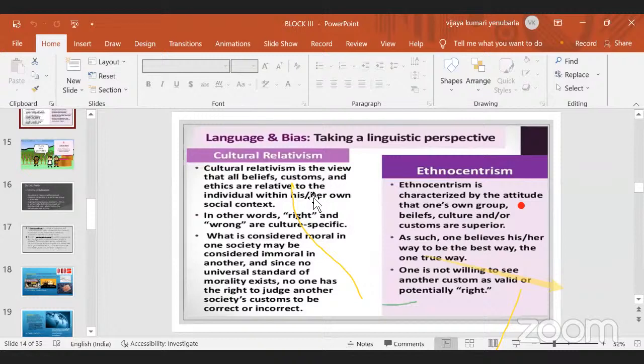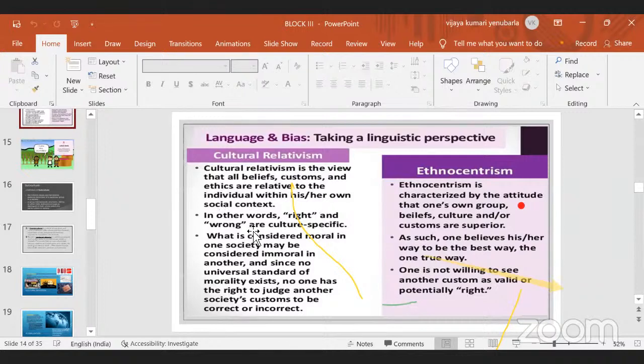Instead of this, they may use some other thing, and whatever they use, we don't use those ingredients in our cooking. So these are changes which occurred and gradually developed, and this is cultural relativism.